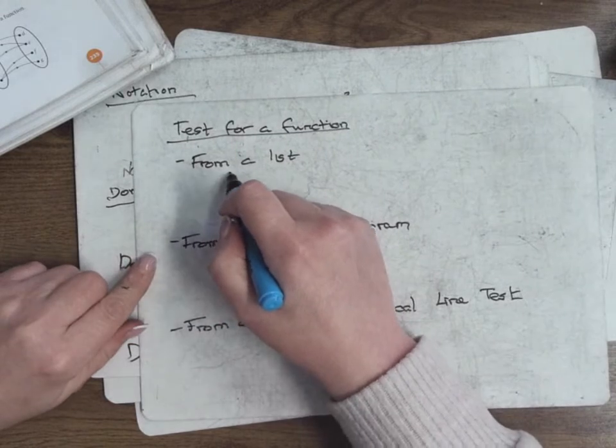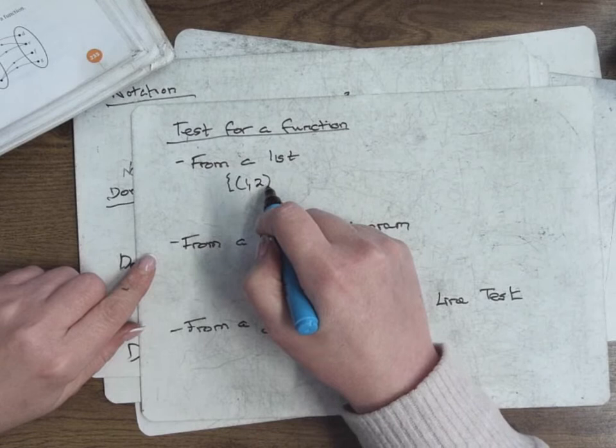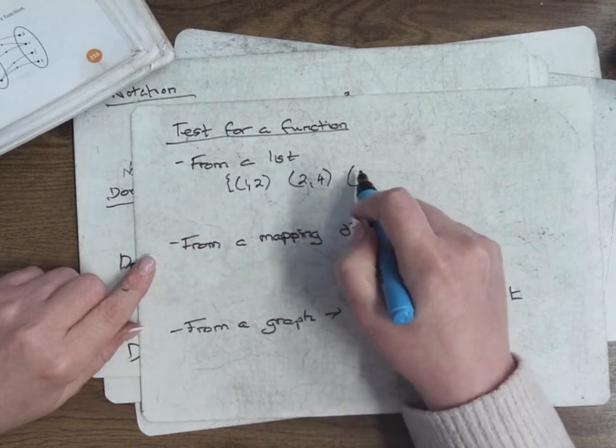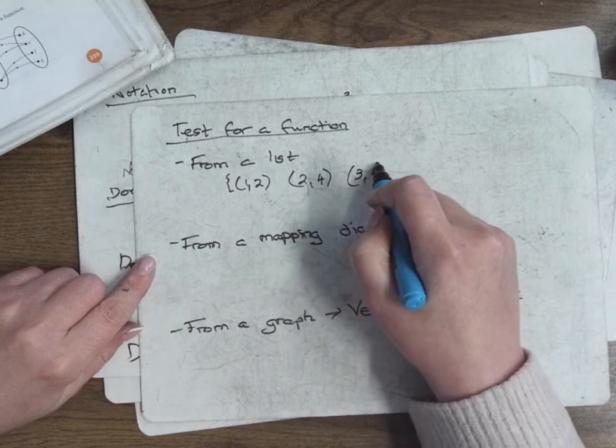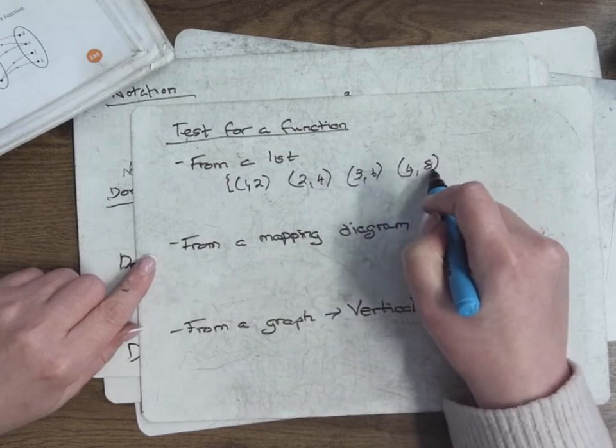So from a list, I had a list there a while ago: 1, 2, 2, 4, 3, 6, and 4, 8. That is a function.